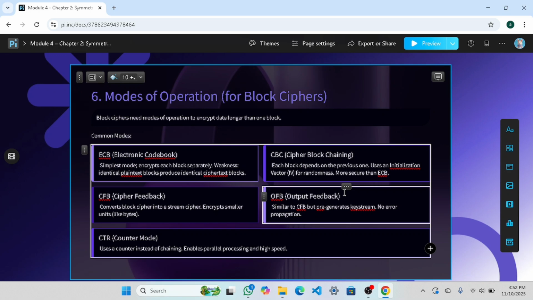Then CBC, where each block depends upon the previous one. It uses an initialization vector for randomness, more secure than ECB. Cipher feedback converts a block cipher into a stream cipher, encrypting small units like bytes. OFB, output feedback, is similar to CFB, but with a pre-generated key stream and no error propagation.